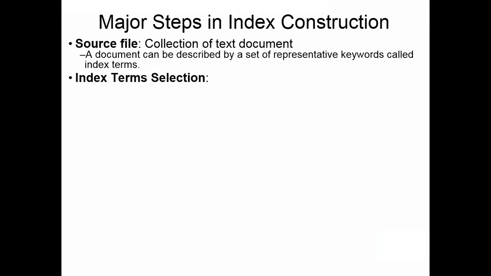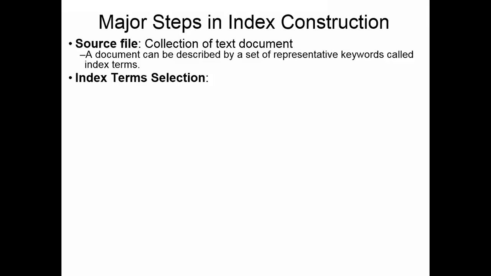So the major steps that we follow in index construction are these. When we attempt to index, first of all, we have to collect the text documents from the author's world. After collecting those documents, they have to pass through the index term selection step.